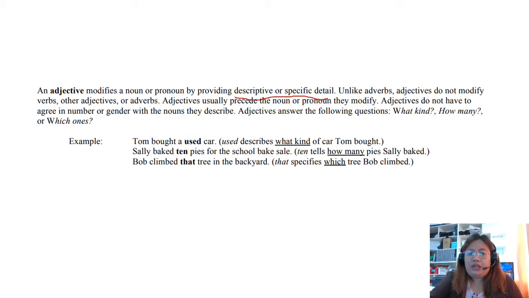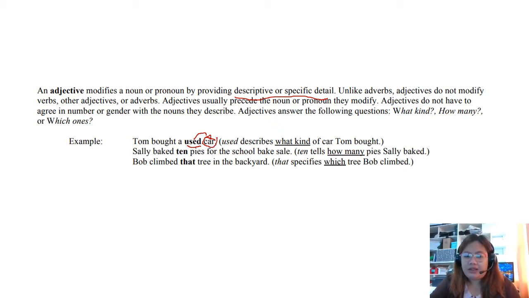So if you read the following example, let's say, Tom bought a used car. Our adjective here is used. According to our definition, an adjective usually, but not always, precedes the noun or pronoun it is going to modify. In this case, the word used, which is our adjective, comes before the noun it modifies, which is car.